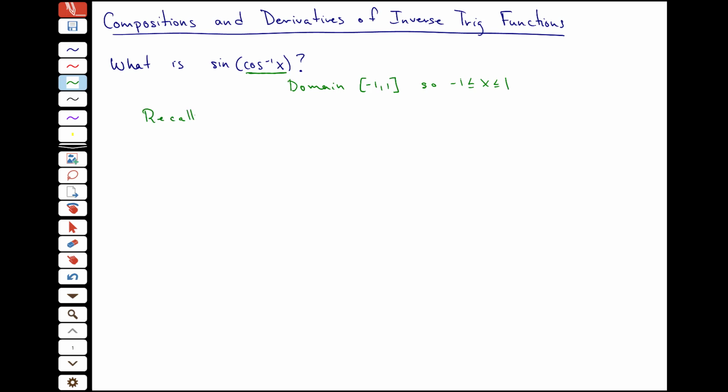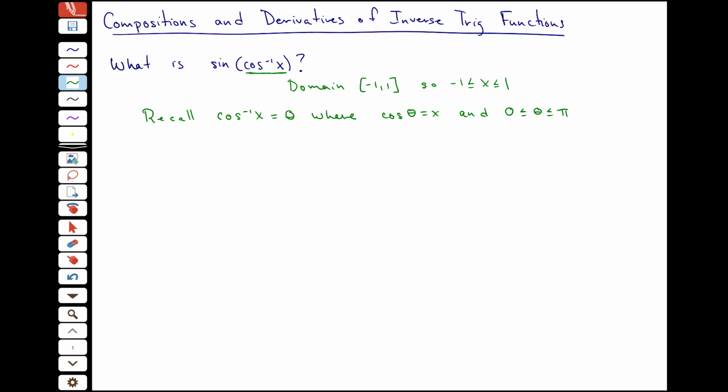So recall the definition of arccosine. Arccosine of x is some theta where cosine of theta is equal to x and theta is between 0 and pi.